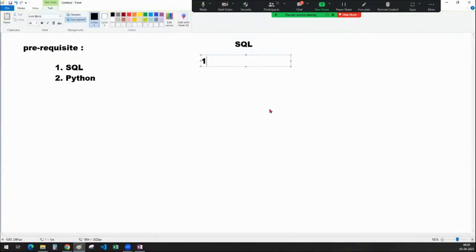So, all DDL and DML. These are the basic things: how to create a table, how to delete a table, how to truncate a table, how to update a table. After that, I would expect you to learn aggregate functions, and one more thing is ranking functions.